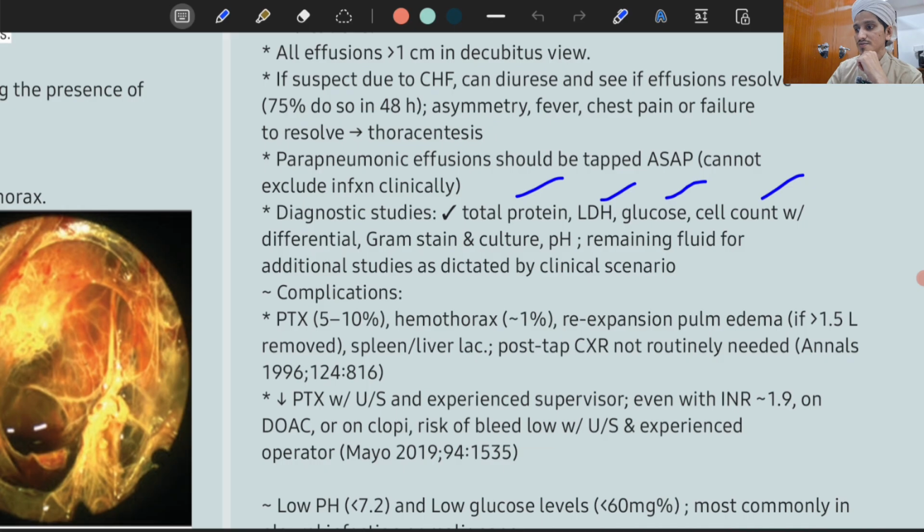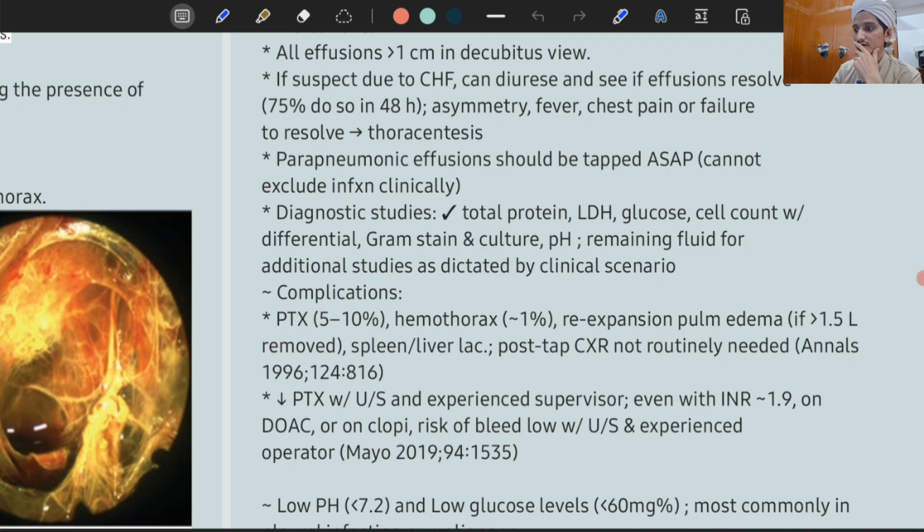Okay, gram stain and culture you will do. Okay, pH you will do. There is importance of pH, we will know forward. Remaining fluid for additional studies as dictated by clinical scenario. So these studies you will do: protein, LDH, glucose, cell count, gram stain, culture, pH.